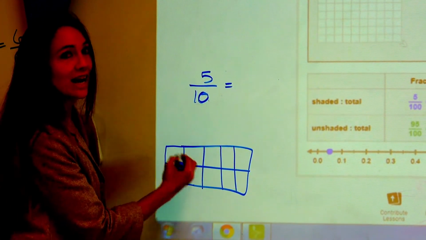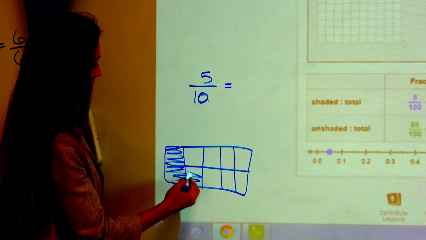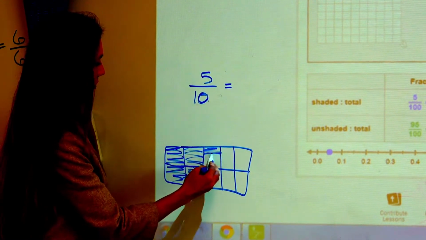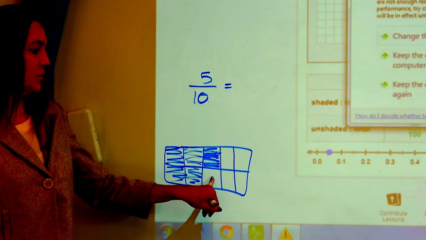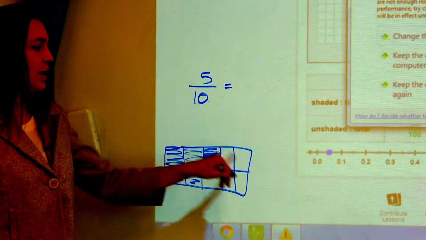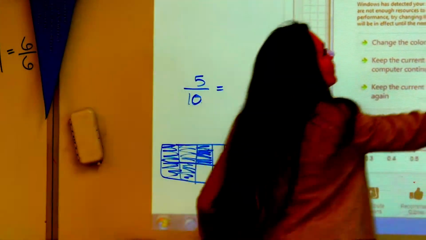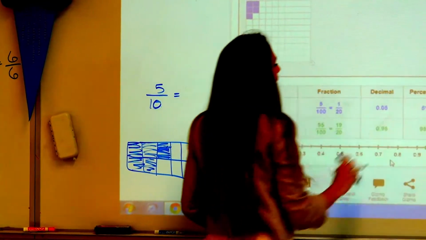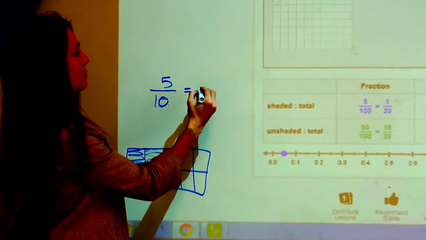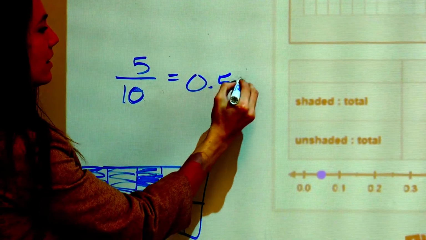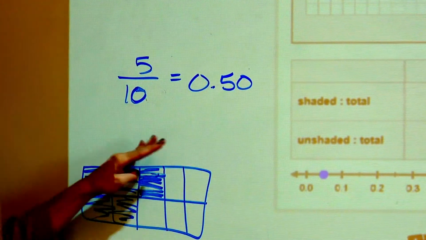If we shaded 5 out of 10, that leaves us with 5 unshaded. So half of it is shaded. And our new decimal would be 0.5, 50%.